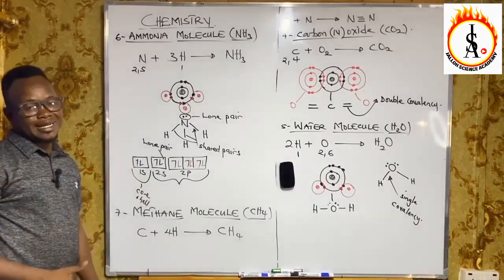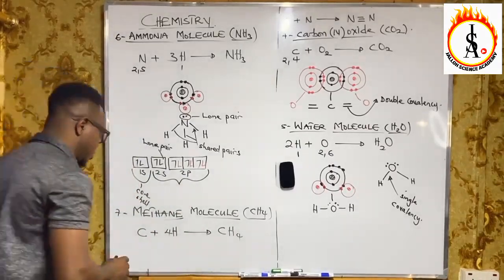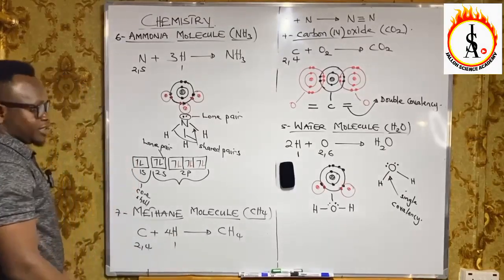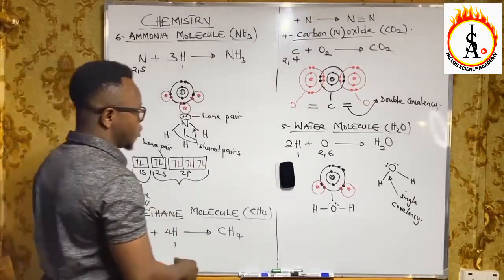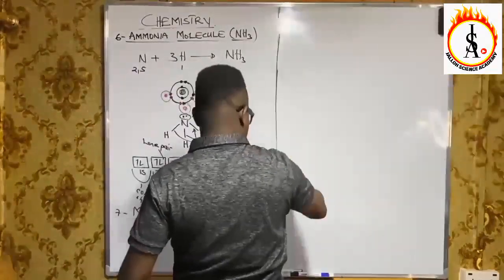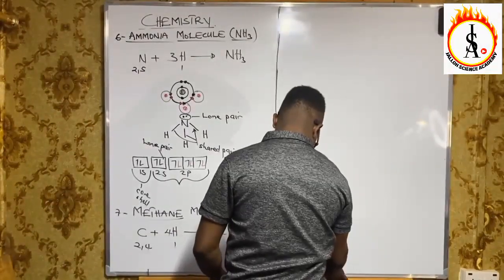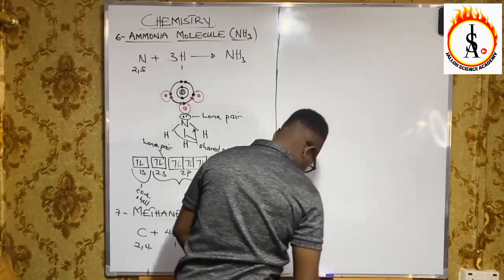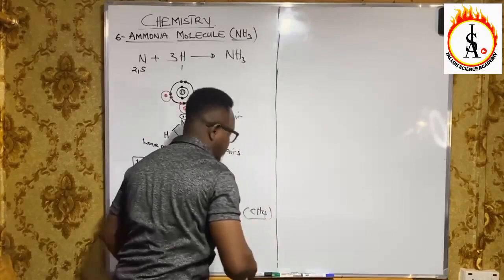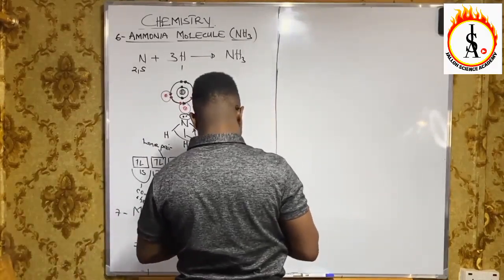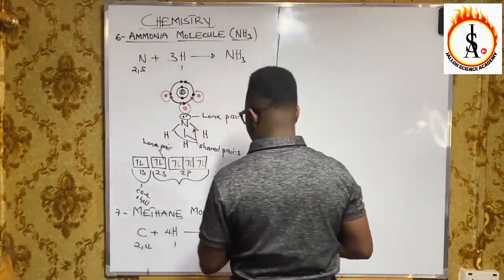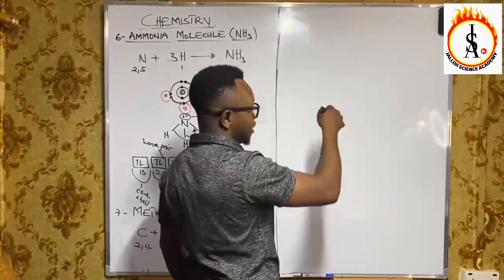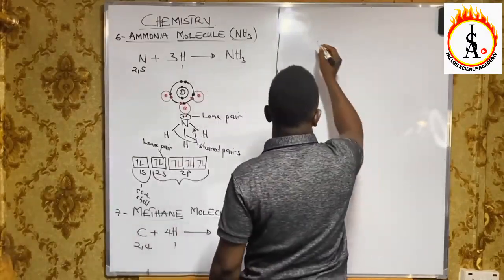So carbon has 6 electrons with configuration 2, 4, and hydrogen just an electron. So these guys are going to form a bond. Carbon here, this is how it is formed. Let's just look at it and then we can draw the diagram easily.